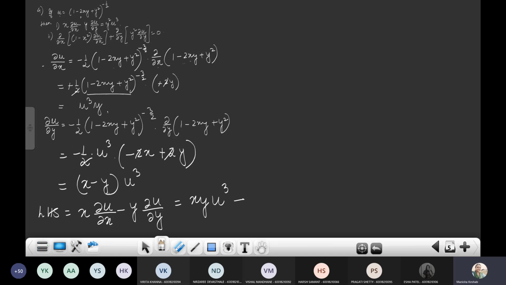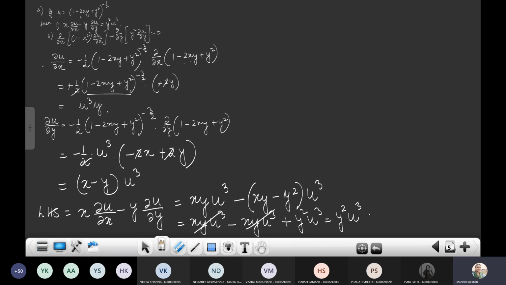So we will be getting x y minus y square into u cube, which is equal to x y u cube minus x y u cube plus y square. So these two were cancelled out, and what we have, y square into u cube, which is equal to right hand side.